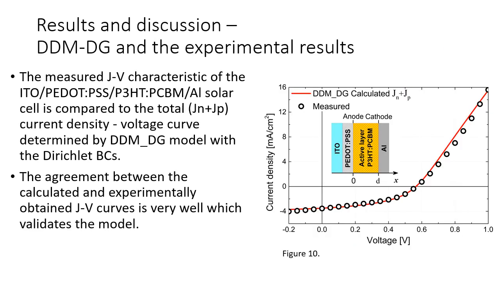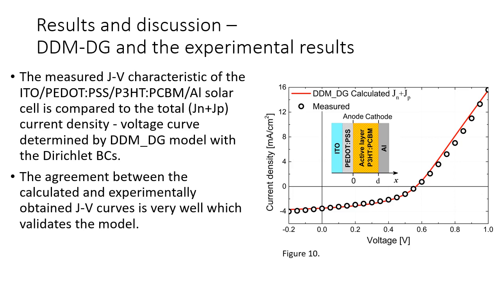Figure 10 shows the JV curves calculated by Jn plus Jp obtained for the DDM DG model with Dirichlet boundary conditions in red line and the measured JV characteristics in black empty circle line. The experimental results are achieved for the PEDOT:PSS/P3HT:PCBM/Al solar cell, and the schematics of the device is presented on the figure as well.